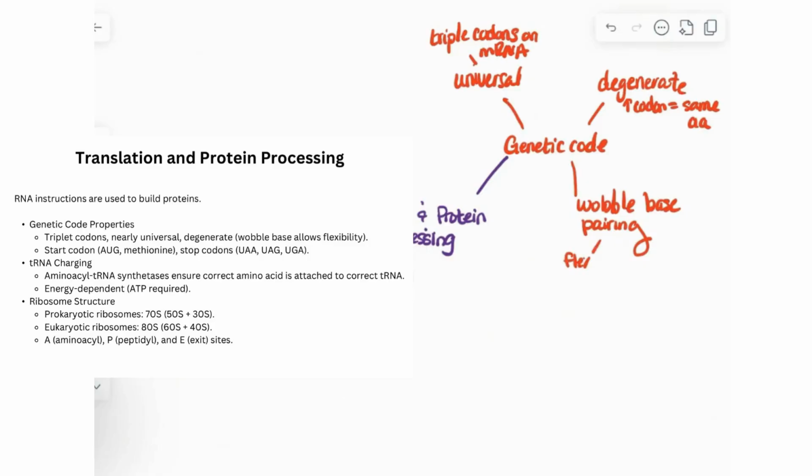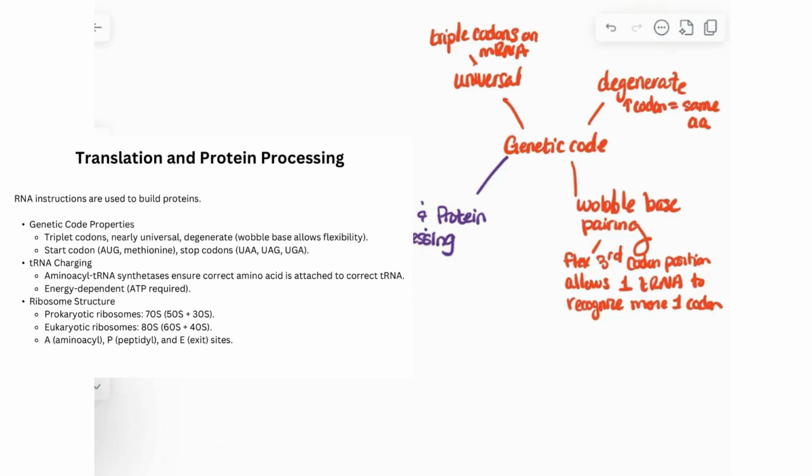There's flexibility in the third codon position that allows one transfer RNA to recognize more than one codon. Okay, so that is the genetic code.